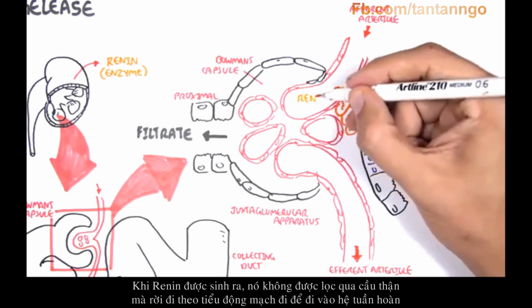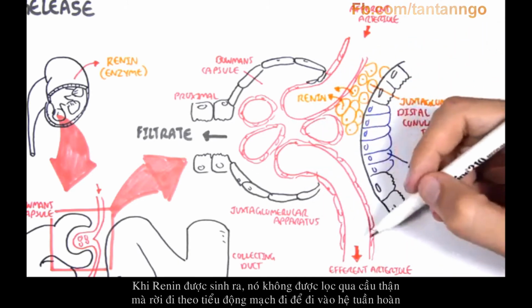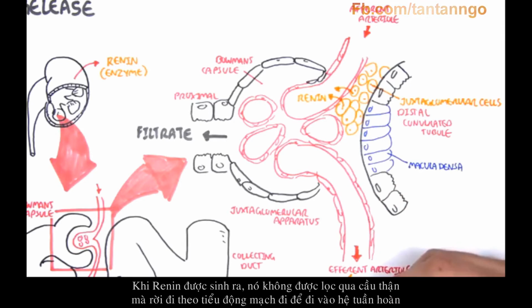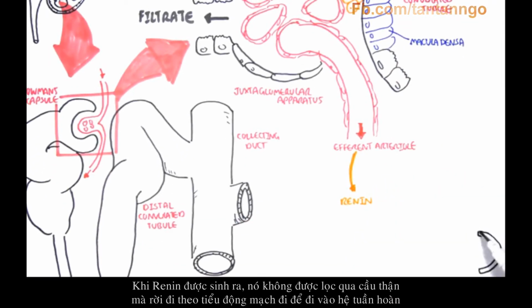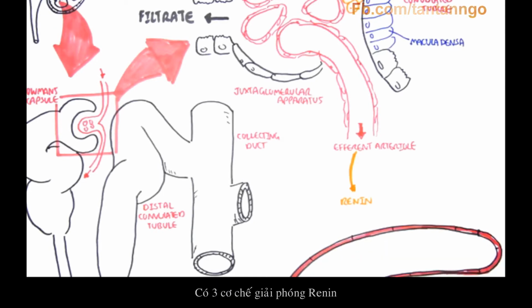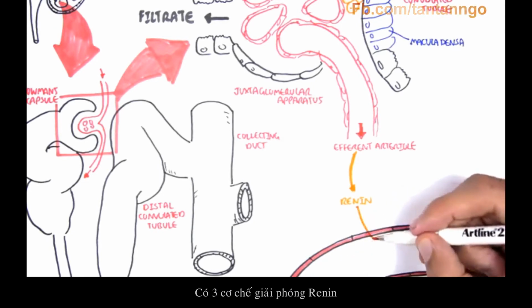When renin is produced, renin does not get filtrated into the nephron, but it just passes through all these blood vessel stuff and will leave through the efferent arteriole. And then renin will just enter systemic circulation. So, there are three ways renin is released.